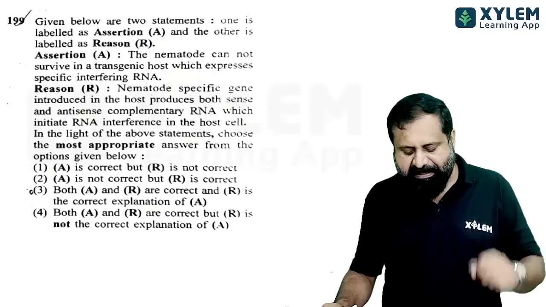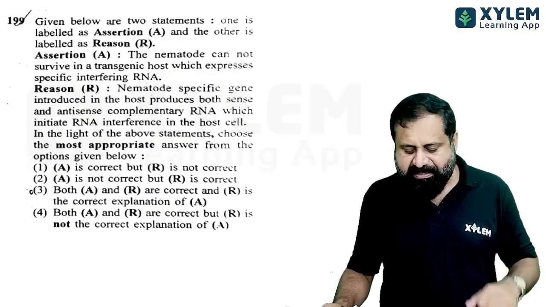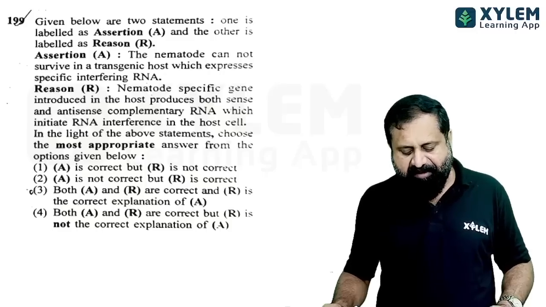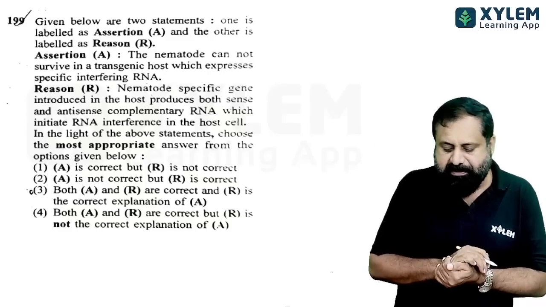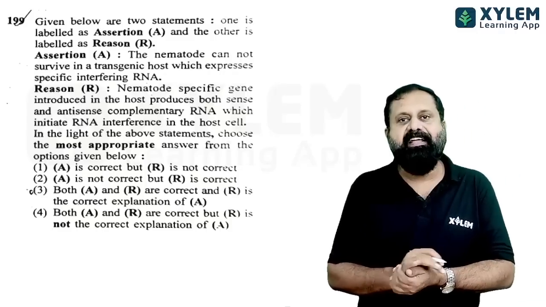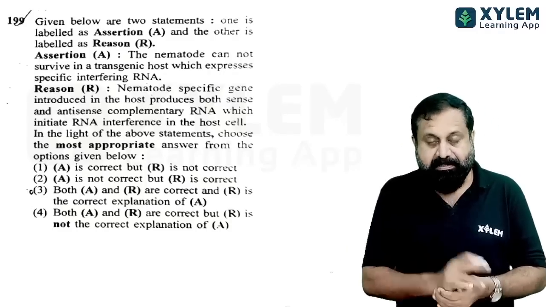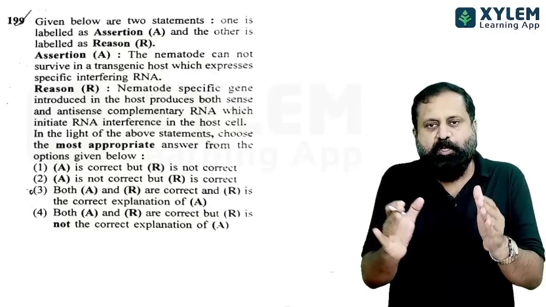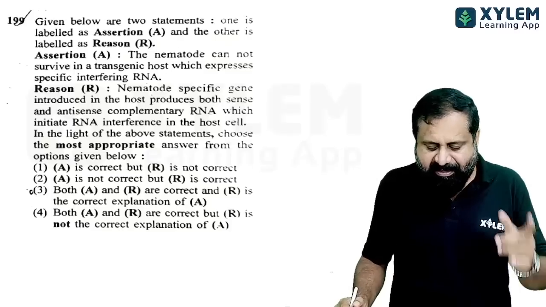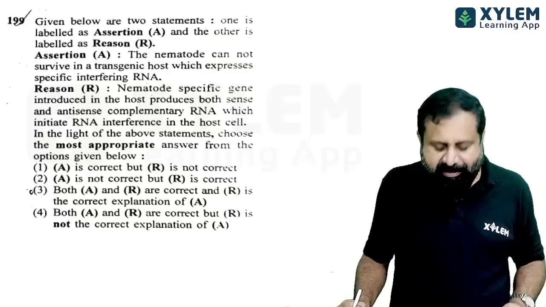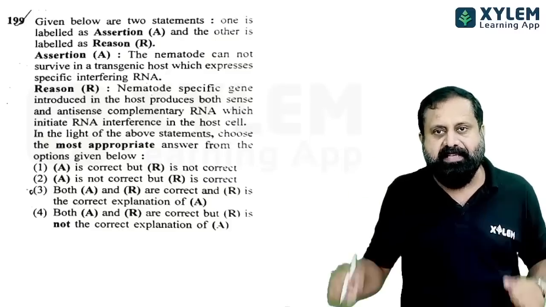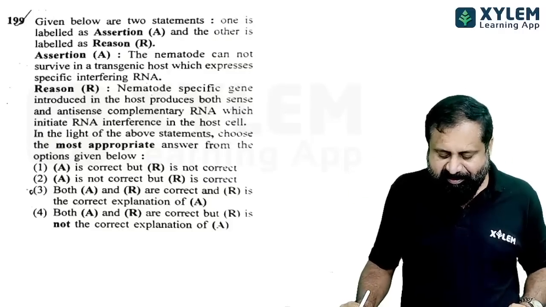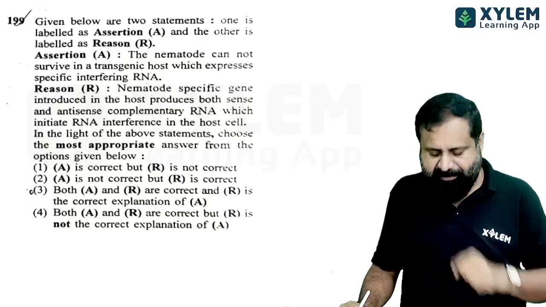199: two statements, assertion and reason. Read the assertion. The nematode cannot survive in a transgenic host which expresses specific interfering RNA. This is RNA interference, biotechnology. If a plant contains a nematode specific gene, that is a transgenic plant, it can produce sense and antisense RNA. You know it. Then the nematode cannot attack it.